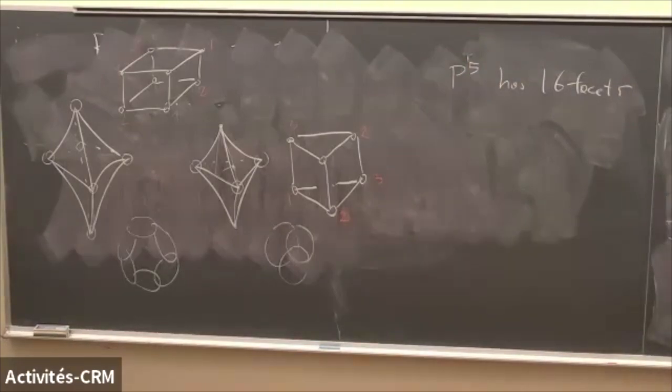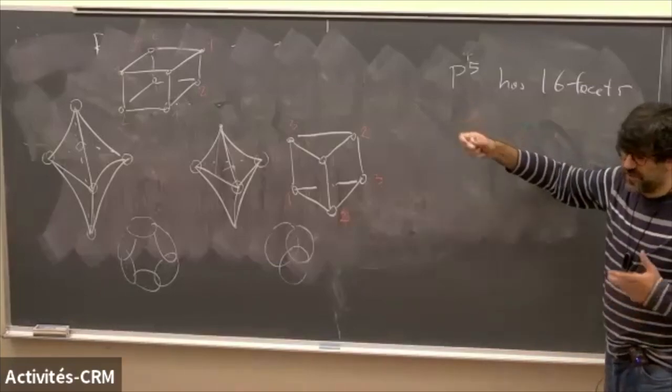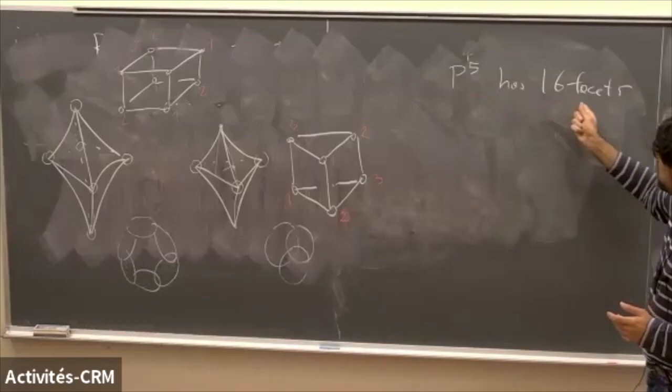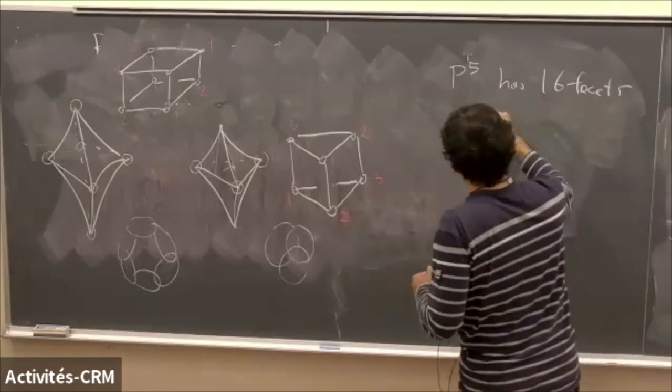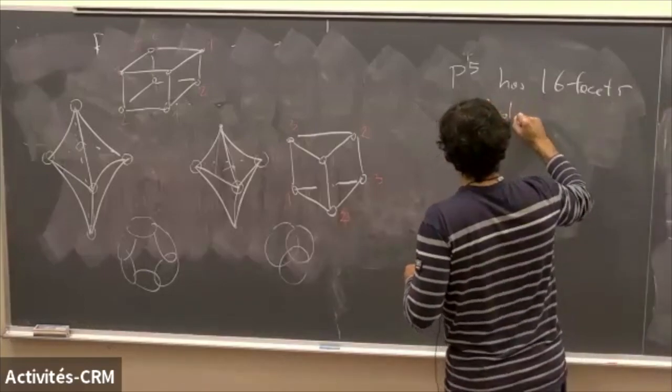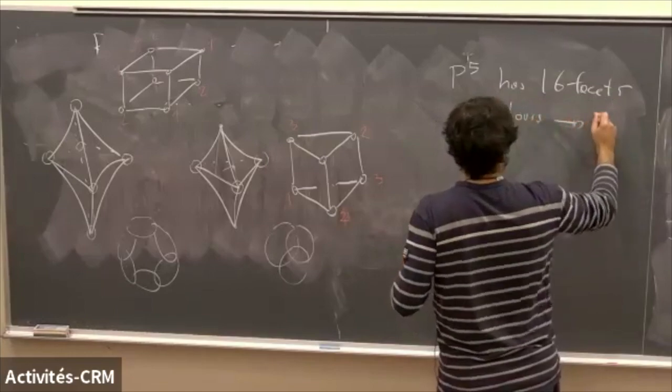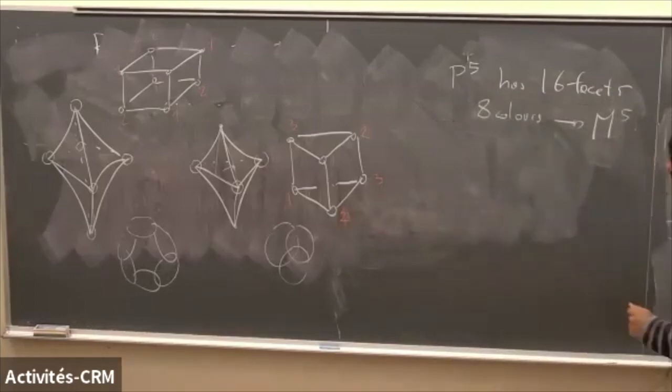This means that the isometry group will quotient the polytope back to the simplex. So they have many symmetries, and this enables you to find some nice colorings. In particular, this one has 16 faces and can be colored with 8 colors. And then you get a manifold that we call M5. And you can analyze things about this manifold.